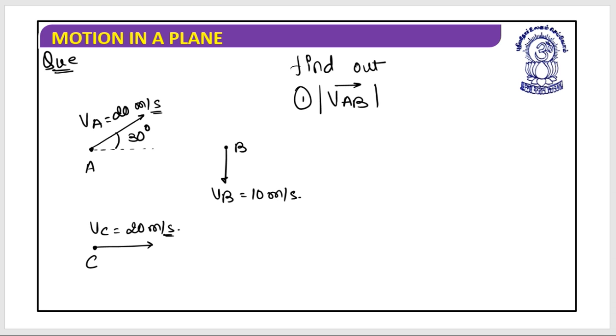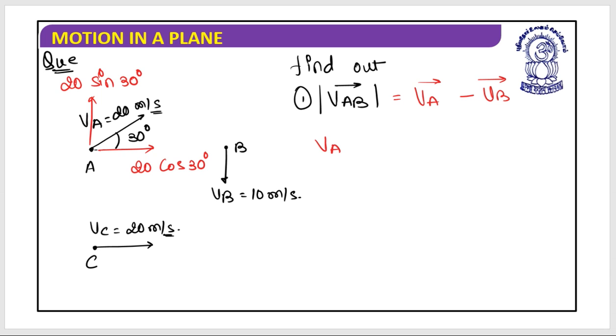One of the approaches will be that this is 20 cos 30 degree. This is 20 sin 30 degree. So VAB, what I want is VA minus VB.